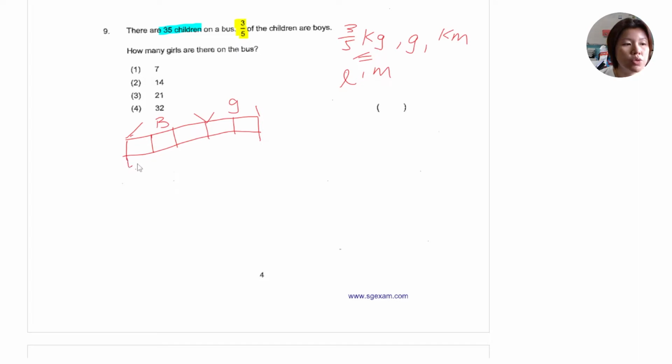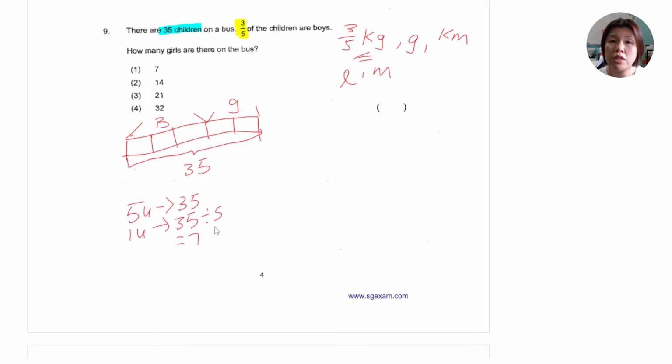So total children is 35. So meaning 5 units is equals to 35. 1 unit is 35 divided by 5 equals to 7. So they want girls. So girls is 2 units. 2 times 7 equals to 14. Answer number 2.